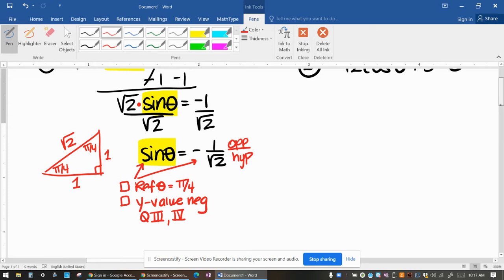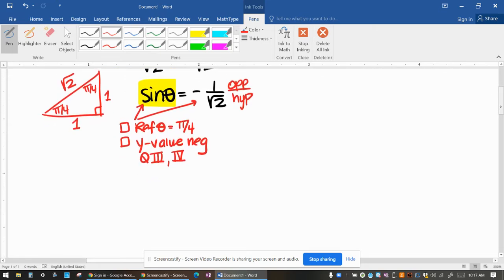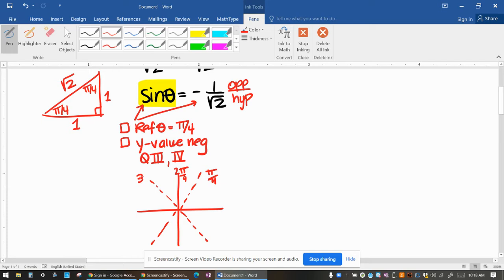So what I need to do is remember that my reference angle is pi over 4. So I'm going to imagine the top half and the bottom half split into 4 sections. I'm going to go ahead and label them. Now, we are doing this over a domain of 0 to 2 pi, 0 included, 2 pi not included.